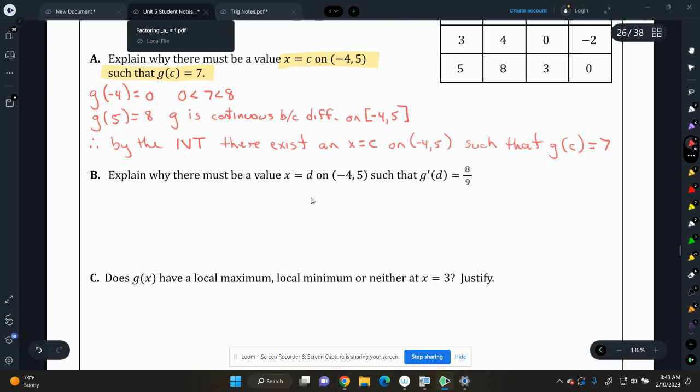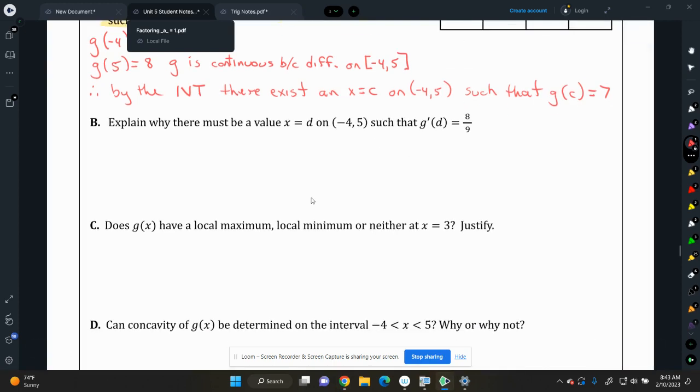Okay, I don't have it in front of me. But if we look at our theorems, which theorems did we have? We have an intermediate value theorem. We have a mean value theorem. What else do we have? Rolle's theorem, and then the extreme value theorem. We know the intermediate value theorem, we just used it. It's talking about a value between the two y values existing. What's the mean value theorem say in general?